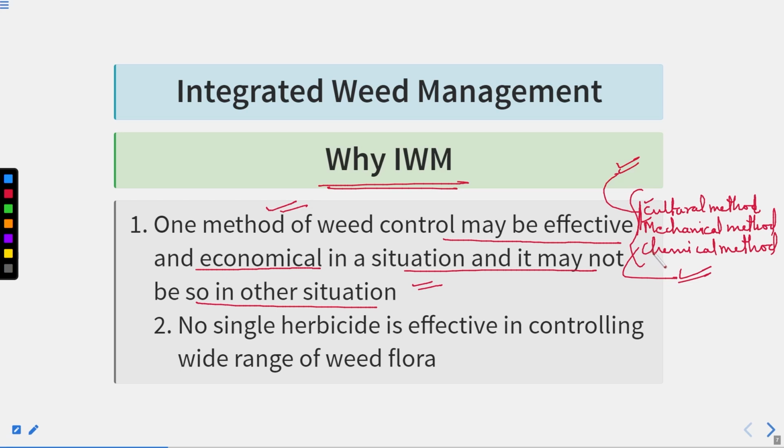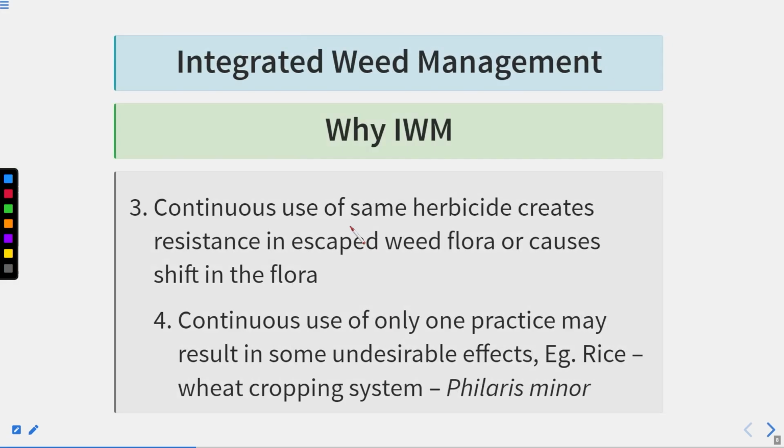No single herbicide is effective in controlling the wide range of weed flora. We have so many types of weeds, and if we have just one herbicide, it is not going to be effective for all the weed flora. Continuous use of some herbicide creates resistance in escaped weed flora or causes a shift in the flora.